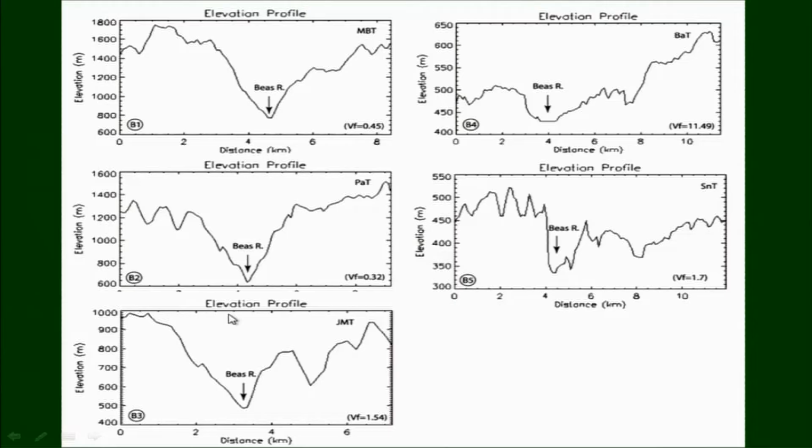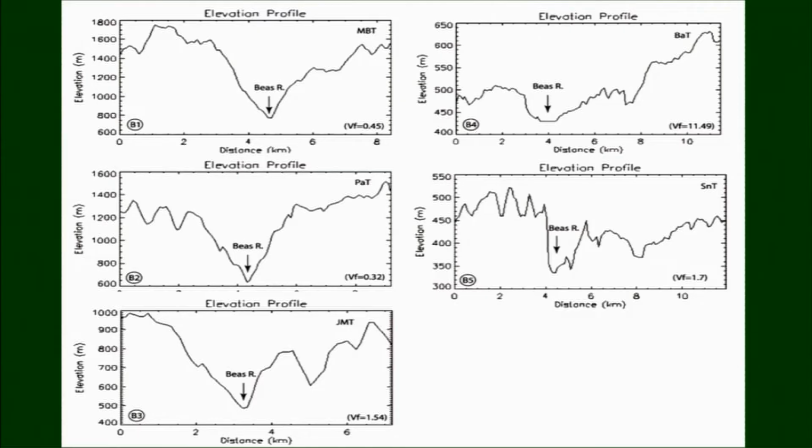Now this exercise we did along the Beas River, and the data we extracted was from the Shuttle Radar Topography Mission, SRTM data, where we got the DEM, and based on the digital elevation model we extracted this information.